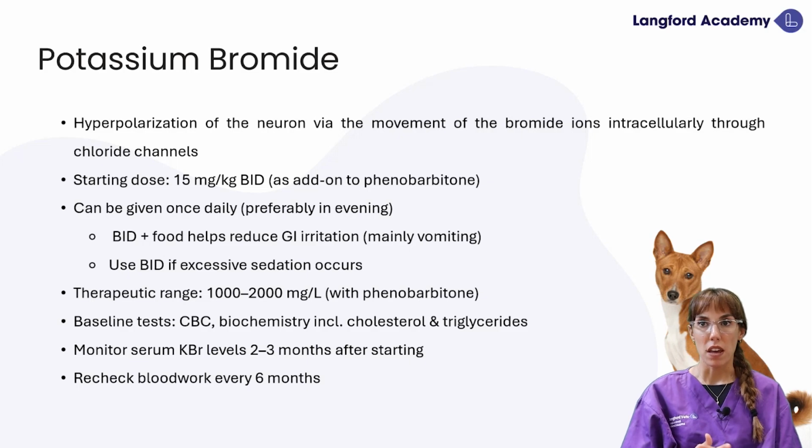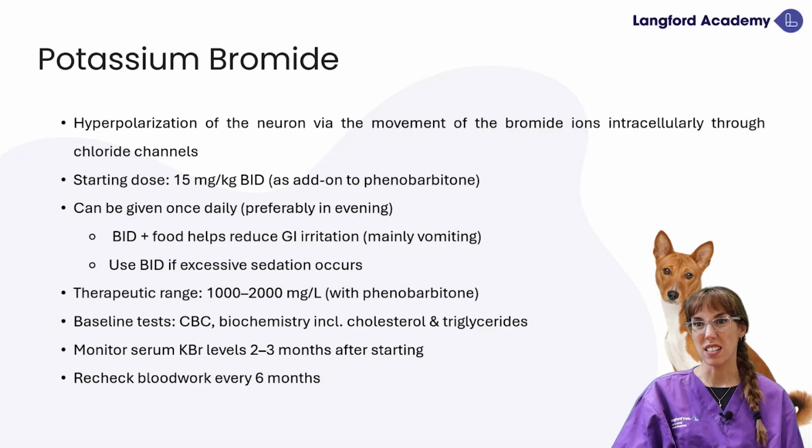And so ultimately it is raising the seizure threshold via a slightly different pathway. It is a good add-on for phenobarbital or imepitoin as a complementary action. And I guess one thing to bear in mind is that it takes up to 3 months to actually start working properly and reach a steady state in blood.